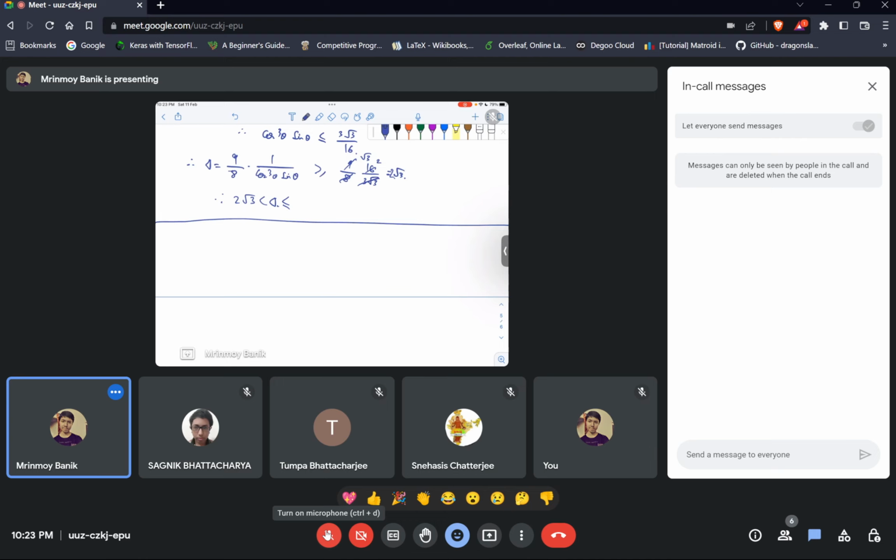Okay, let's draw some figures. So the question is question number 186. There is a number line, and at t equals 0, the particles are at point 0.